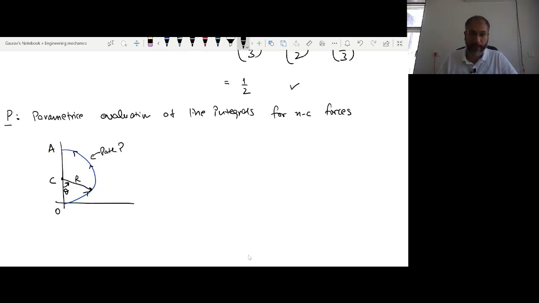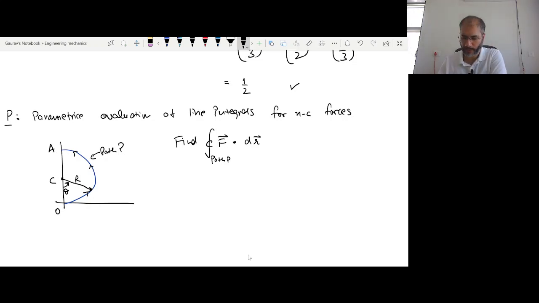The radius of the circle is capital R and the general angle is given as theta. So we have to find the work done by whatever force is acting along this path P, and this is a line integral, that is because it's on a given path.